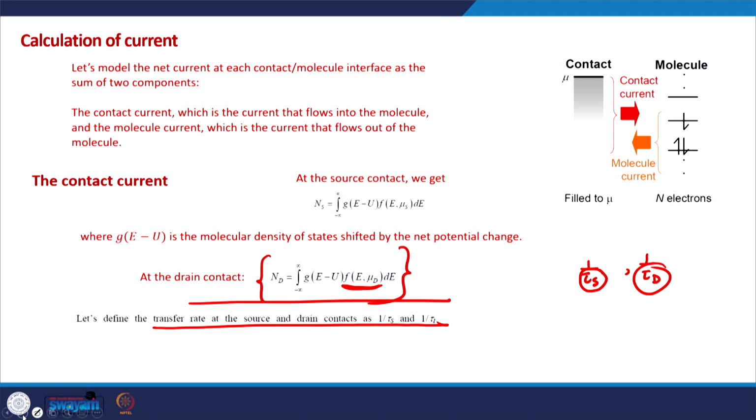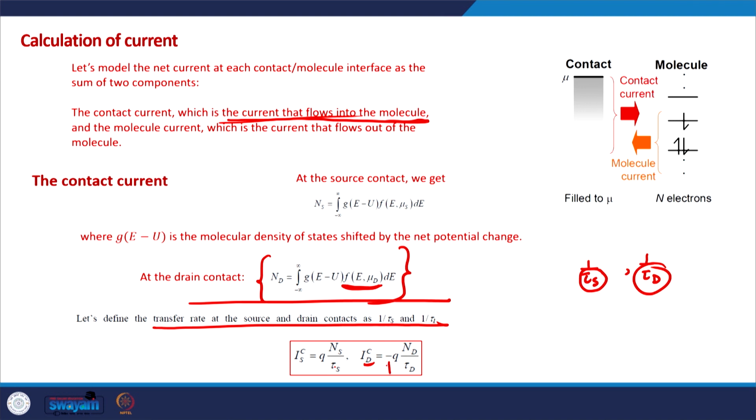So with this, the contact current, which is the current component because of the electrons in the contacts, is given as follows: the source contact current is Q times Ns divided by tau s, and the drain contact current is minus Q times Nd divided by tau d.